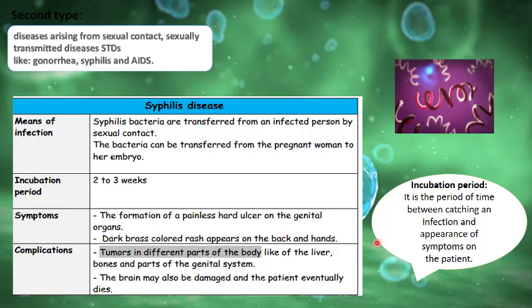A dark brass-colored rash appears on the back and hands. Complications of this disease: Number 1, tumors in different parts of the body, like the liver, bones, and parts of the genital system. Number 2, the brain may also be damaged, and the patient eventually dies.